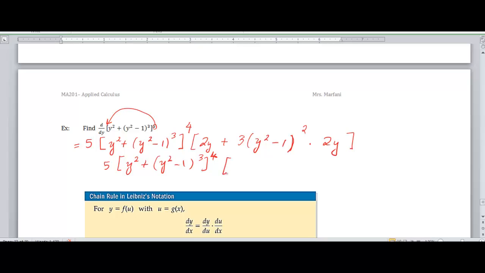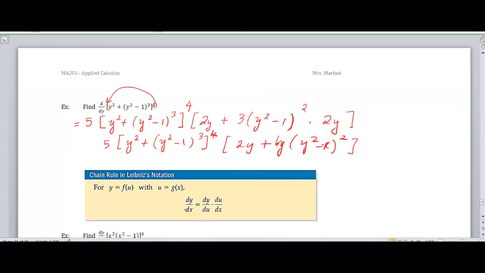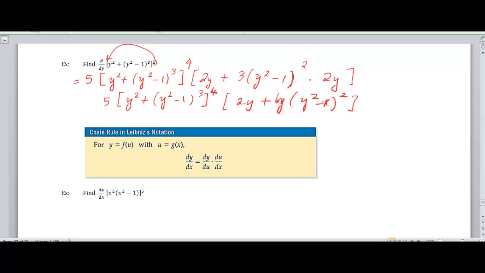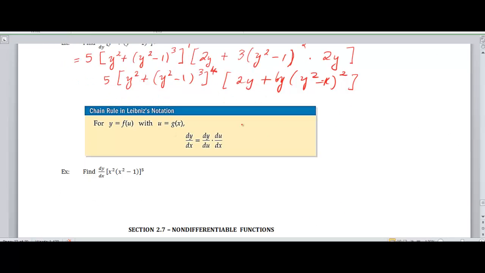And then times 2y plus 3 y squared minus 1 squared, and then the 3 and the 2y can combine, so we get 6y. Okay. And then if you wanted to, you could distribute that 5 inside here and call this 10y and 30y, but this answer is also fine. Both of these answers are good.